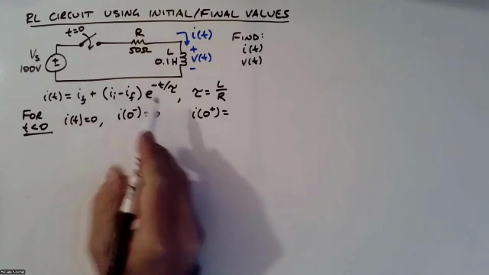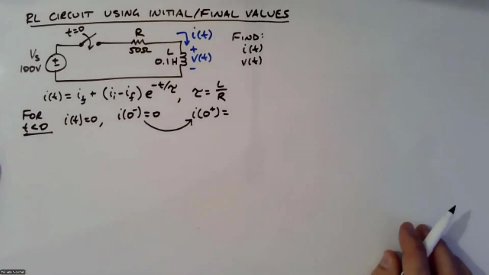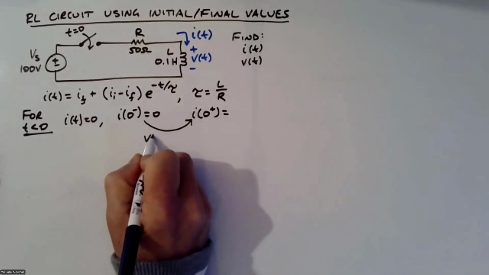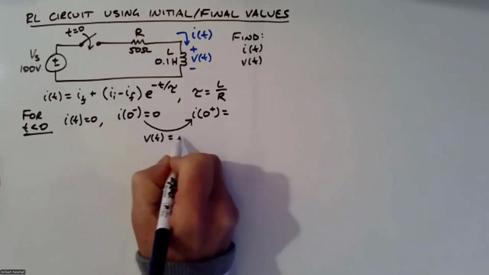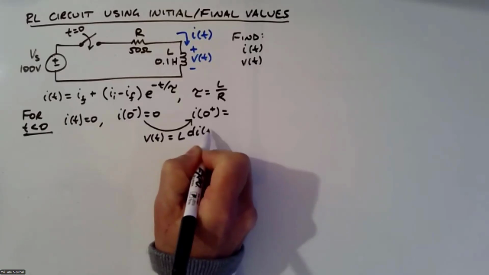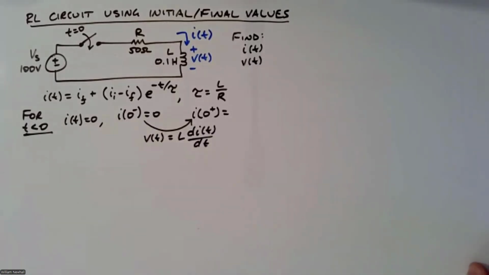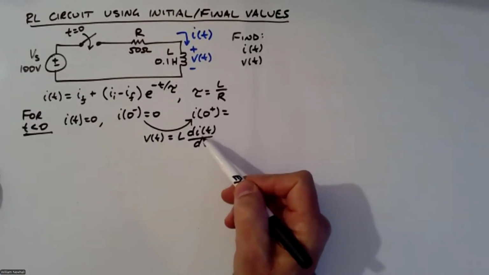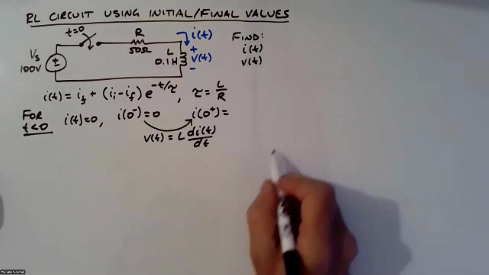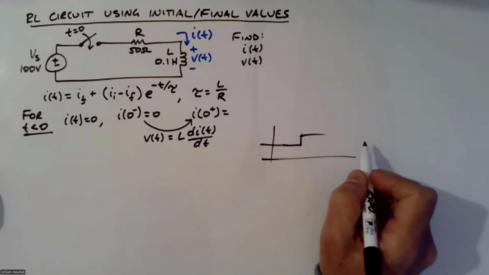Well, right at that instant of time, a little interval of time, when you go from 0 minus to 0 plus, the voltage across the inductor is L di/dt. This says that current through an inductor cannot change instantaneously. In other words, you can't jump from one current to another instantaneously.